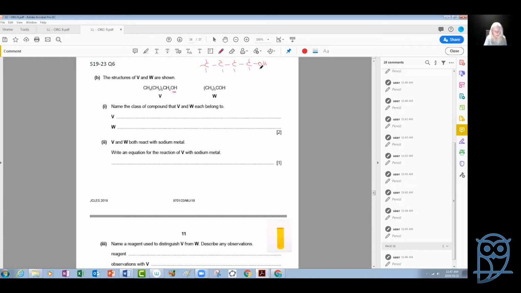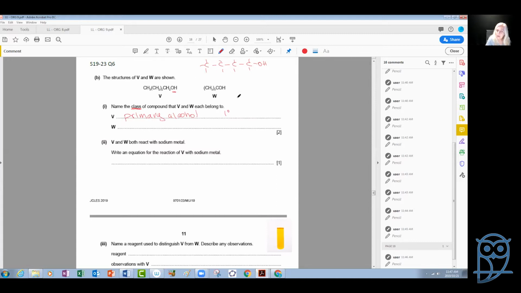It's a primary alcohol, isn't it? Because they ask about the class of this compound, we have to say that this is a primary alcohol, not just alcohol, but a primary alcohol. So V is a primary alcohol, or first class.